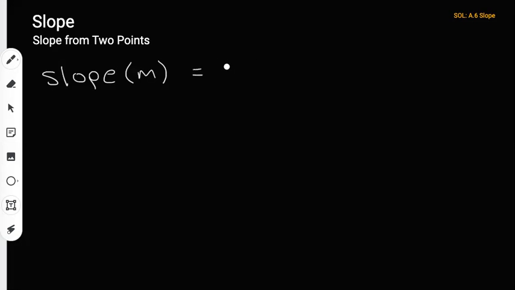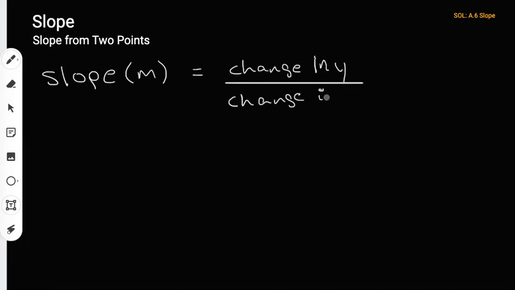It's going to be defined as the change in y, on top of the fraction. And then on the bottom, we're going to have the change in x. When we do that, we could also write it this way.